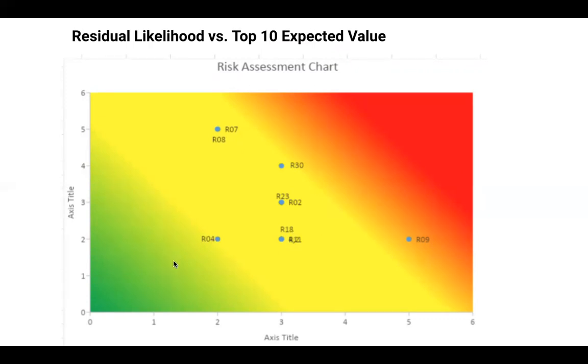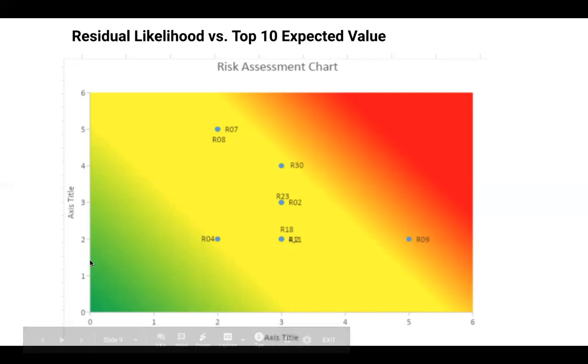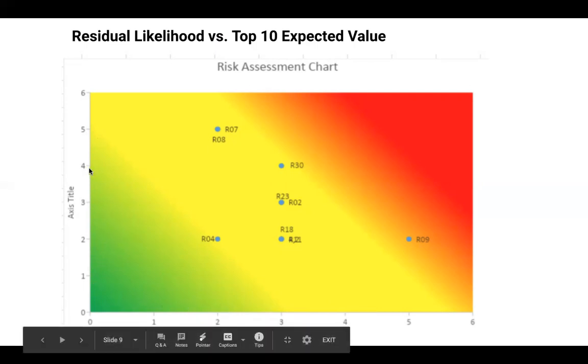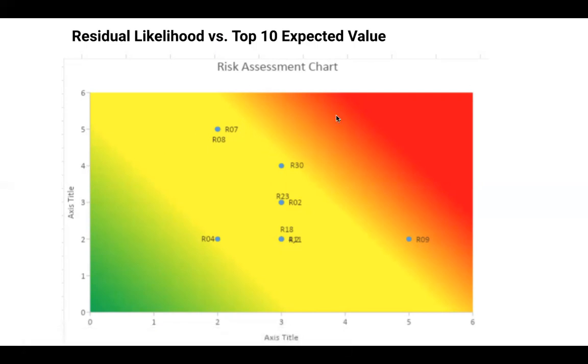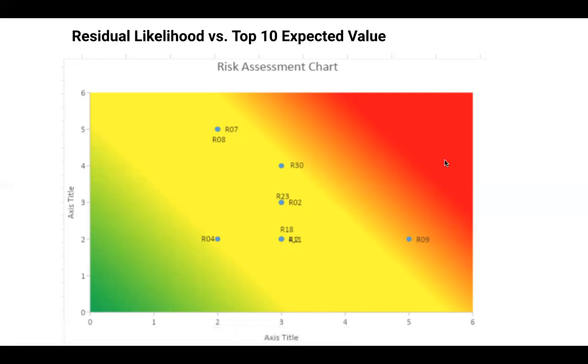And those in the green you see are less severe in those categories. So the x-axis is calculating the cost impact or expected value, and the y-axis is residual likelihood. And so those things you see closer, higher up are more likely to happen, as well as farther down here would take a greater cost impact.